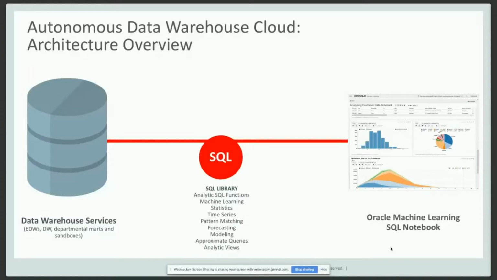If you want to add the analytic view metadata, analytic views that we added in 12.2, they give you a multi-dimensional data model and multi-dimensional metadata that you can share with other BI tools.